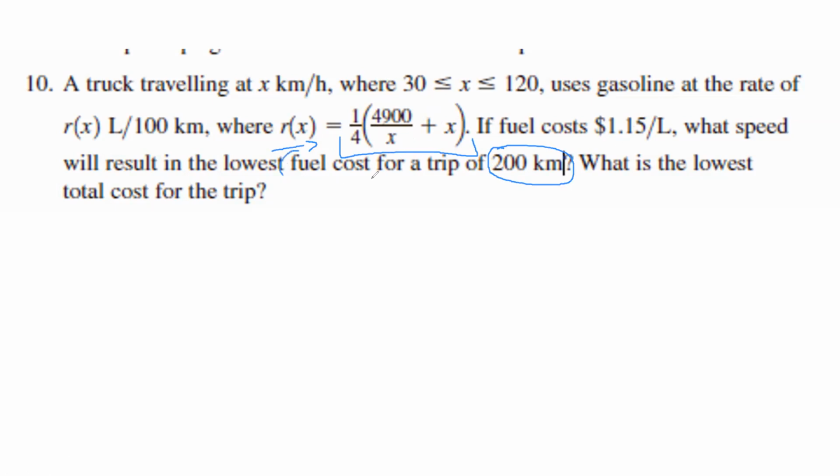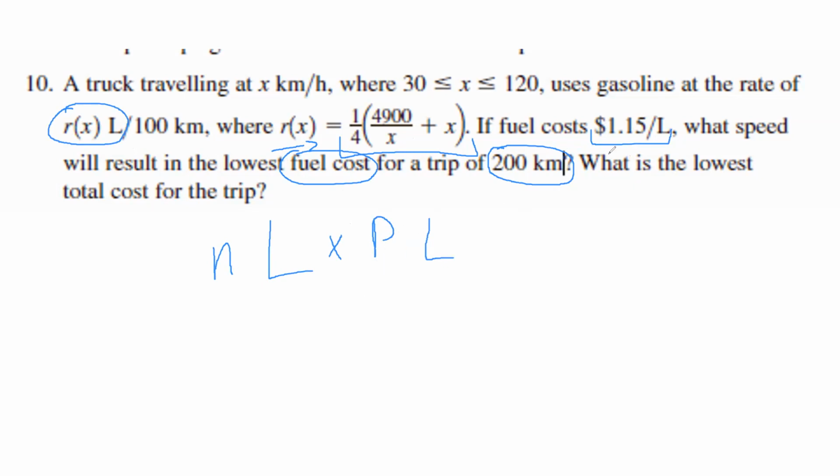Because fuel cost, what does it consist of? It consists of number of liters times price per liter, right? This is our price per liter, and this times 2 is going to be the amount of fuel we're going to spend.